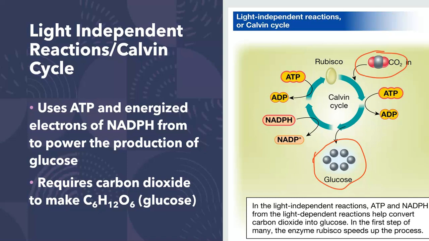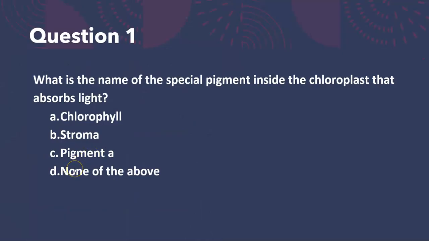Okay, so the main goal here is that we're using the chemical energy of ATP that we made during the light-dependent reactions and the energized electrons from NADPH. We're bringing in carbon dioxide, and all of that is going to help us to produce a glucose molecule.